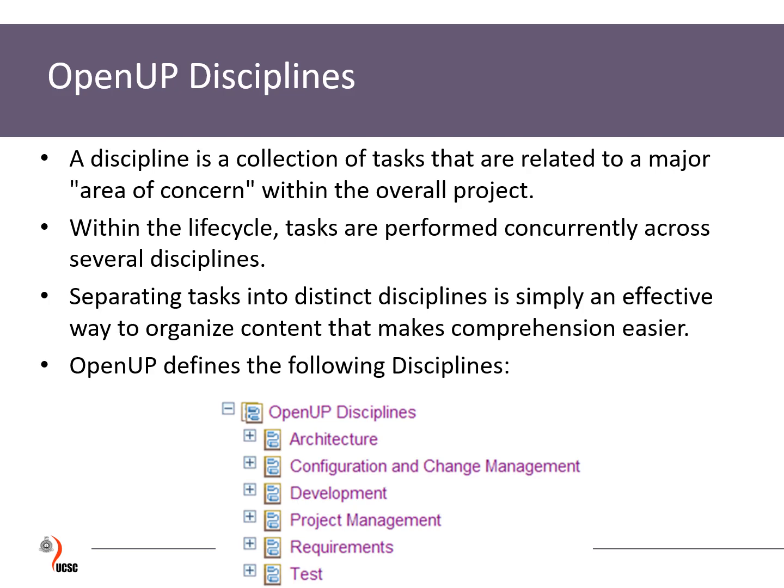These major areas of concern are active throughout the project, so within the life cycle these tasks are performed concurrently. They are not one after another. Separating tasks into distinct disciplines is simply an effective way to organize the content that makes comprehension easier. You will see the details of how these things happen.